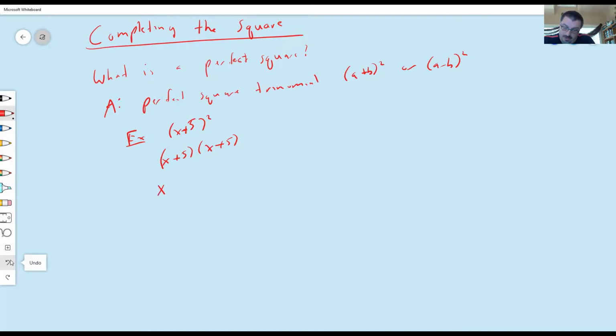So we FOIL: first term is x squared, outside x and 5 is plus 5x. Inside is plus 5x. And last term is 5 and 5 makes 5 squared. So you get x squared plus 10x plus 25. And we know this equals (x plus 5) squared.